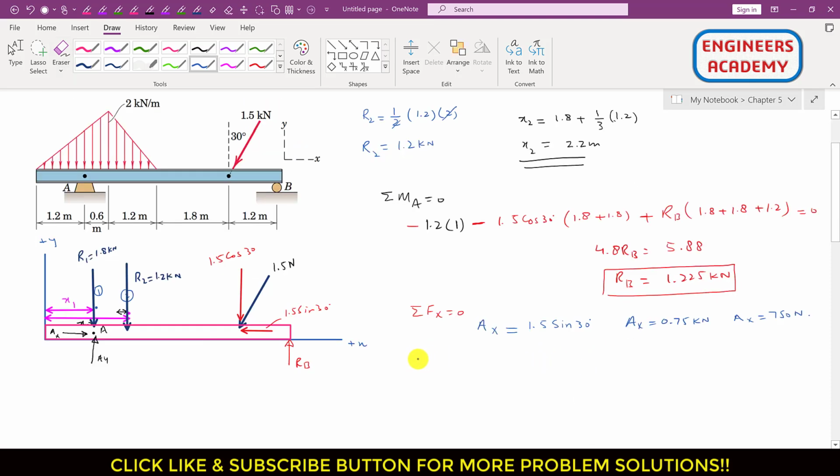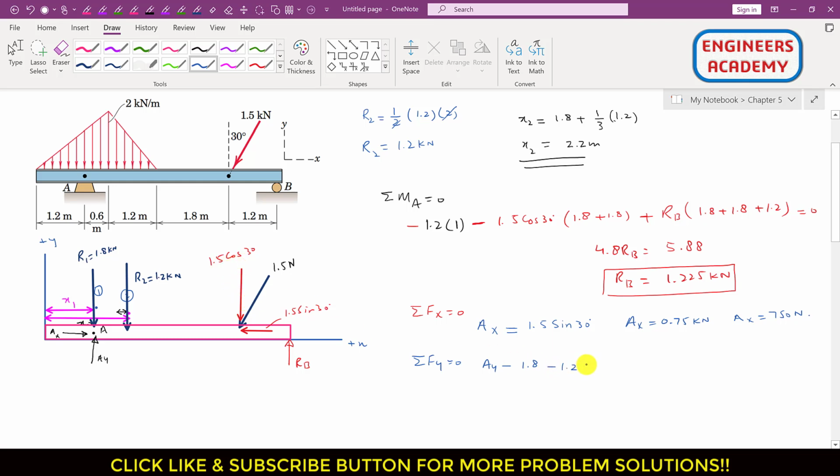Similarly, if we apply the summation of forces along y equals to 0, as we can see, this AY is acting in the positive y direction, so I will write AY. This R1 is acting in the negative y direction, and R1 magnitude is 1.8. This R2 is acting in the negative y direction, so it is 1.2.